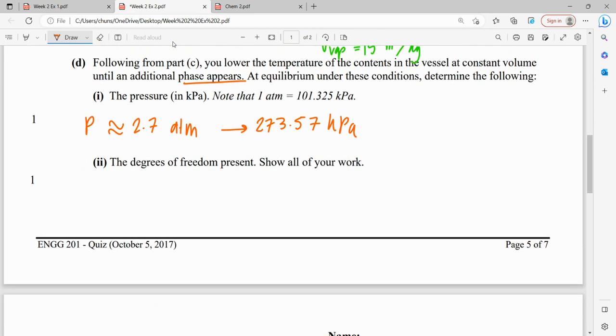Degrees of freedom present. We know at triple point we have one component because it's a pure component diagram, plus 2, and minus our phases present. We have 3: solid, liquid, and vapor. That means we have 0 degrees of freedom. So all of our variables are fixed.